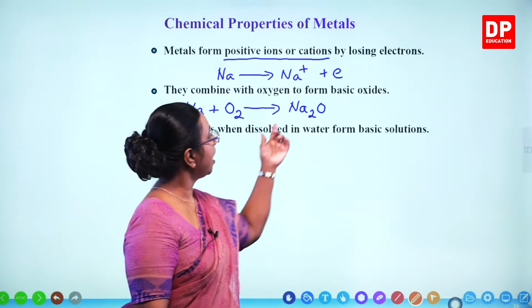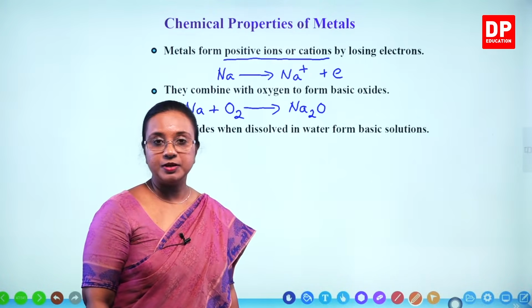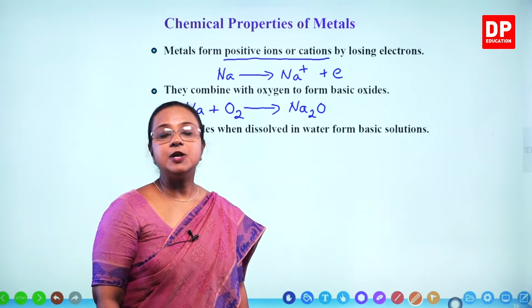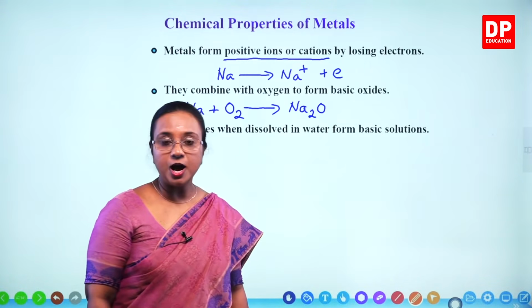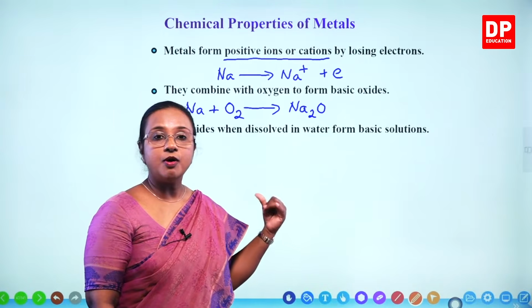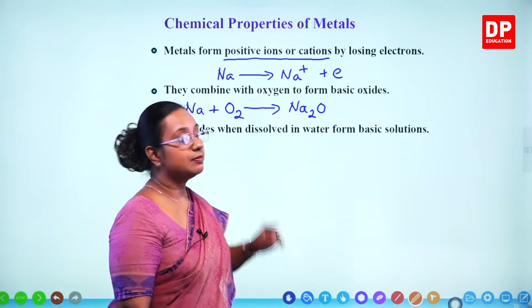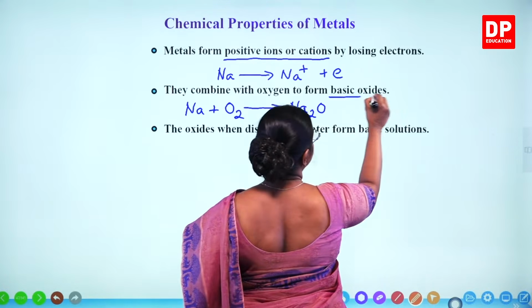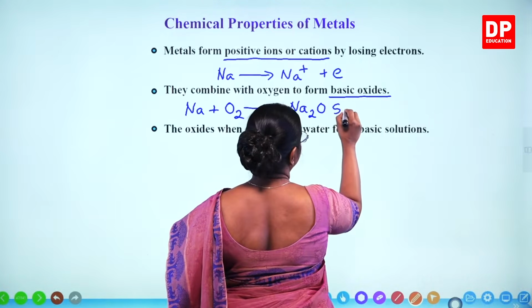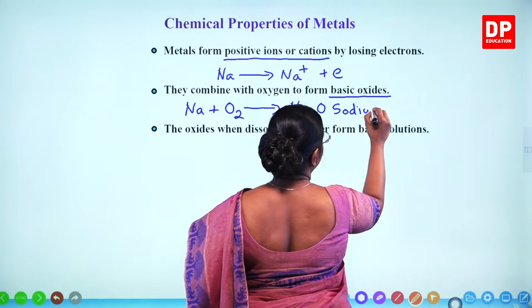We will learn how to write chemical formulas towards the end of the lesson. So this is the chemical formula of the oxide formed between sodium and oxygen. And this oxide is a basic oxide, sodium oxide.